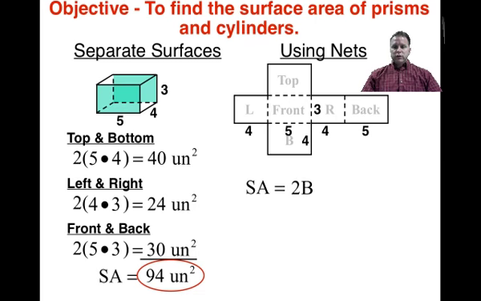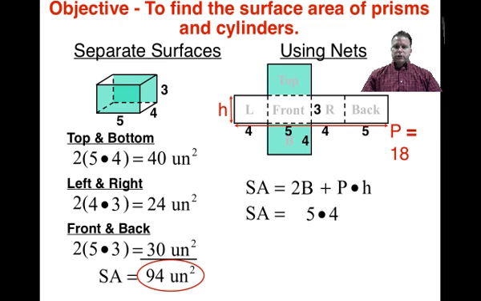So we have the two bases, the top and the bottom, and then we have this whole big long rectangle that we can combine together, and it has a perimeter of 18. Or sorry, not a perimeter, a base. And then we have our height, which is 3.